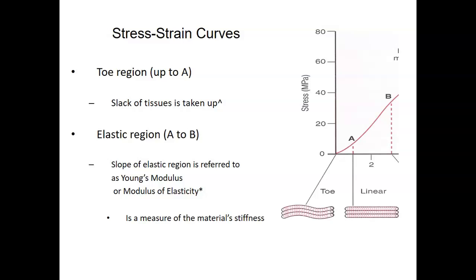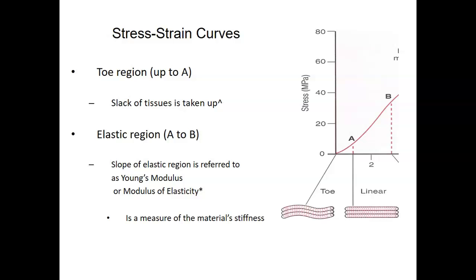The stress-strain curve can be divided up into different categories. So the toe region is the first part where the slack is just being taken up. So there's no real resistance to the pull. It just gets taut or tight. That's the toe region.